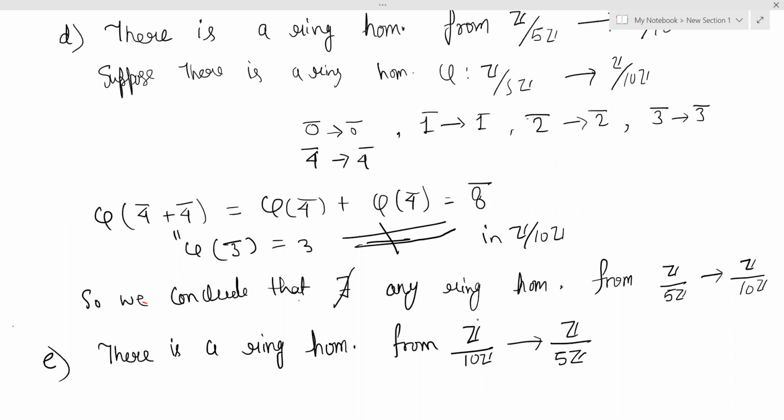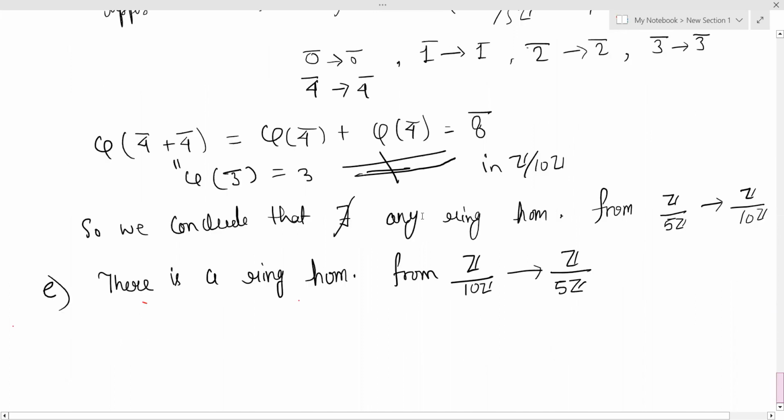Now tell me, is this true or false? True, sir. So give me an argument. What is your candidate for the ring homomorphism? What is the function? Identity. Okay, so the identity function.